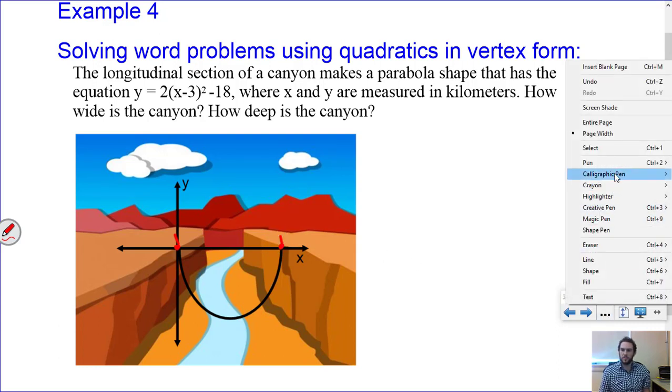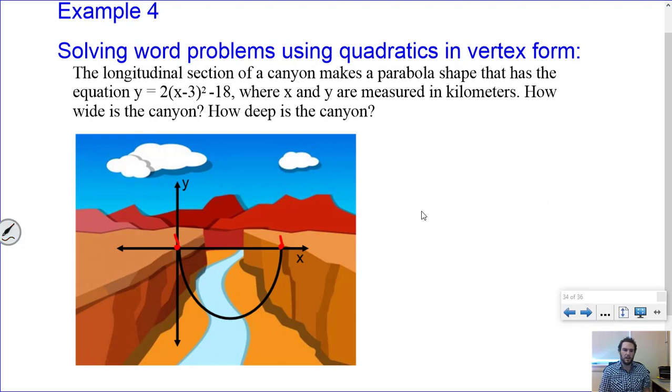So let's do what we've been doing to find our x-intercepts and solve. So how do I find my x-intercepts? I'm going to let y be 0. So 0 equals 2(x minus 3) squared minus 18. Take the 18 over to the other side, and I get 18 is equal to 2(x minus 3) squared.